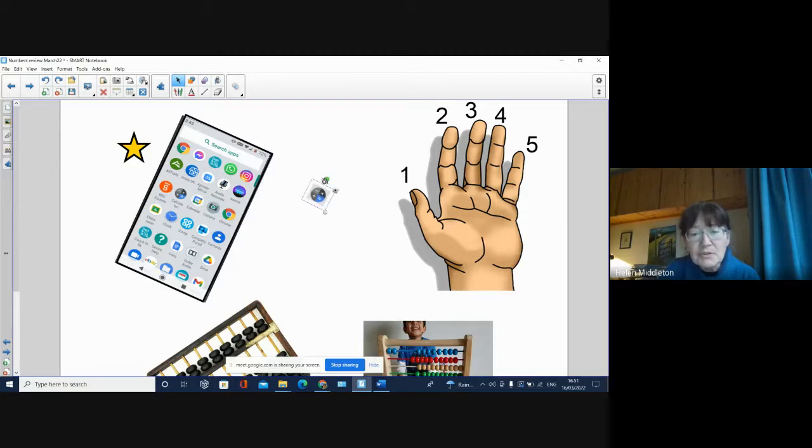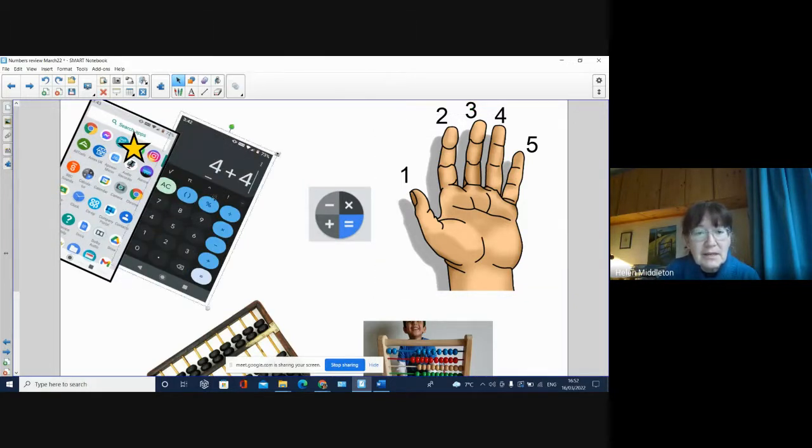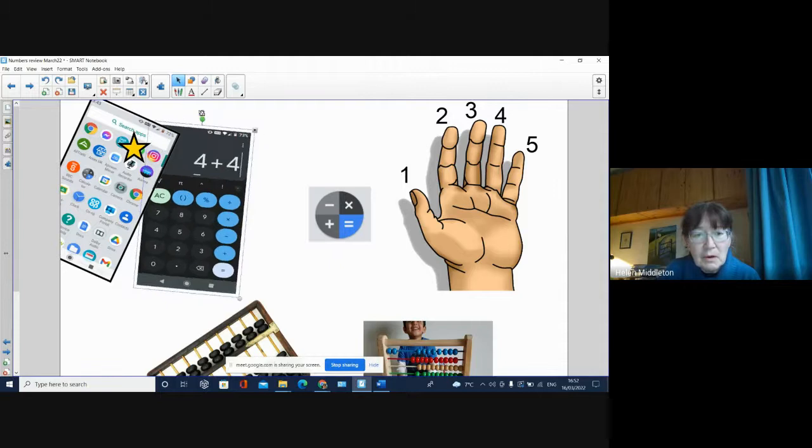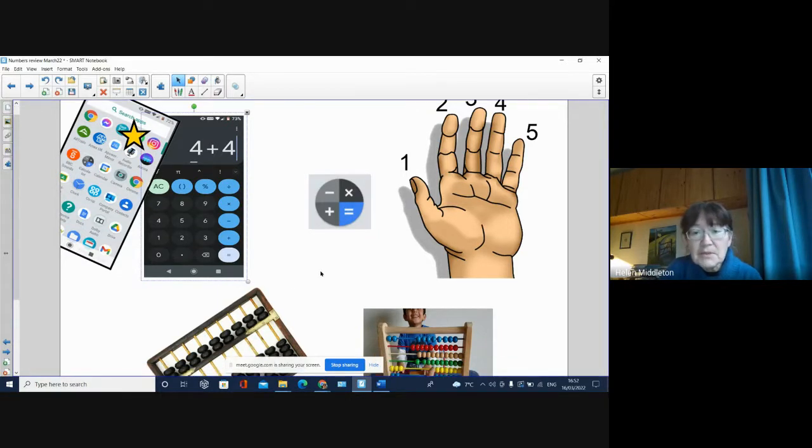This app is called a calculator. If I press on this app on my phone, then I can see a calculator. If I've got a lot of big numbers like money, that's useful. Okay, so I see numbers on my phone.